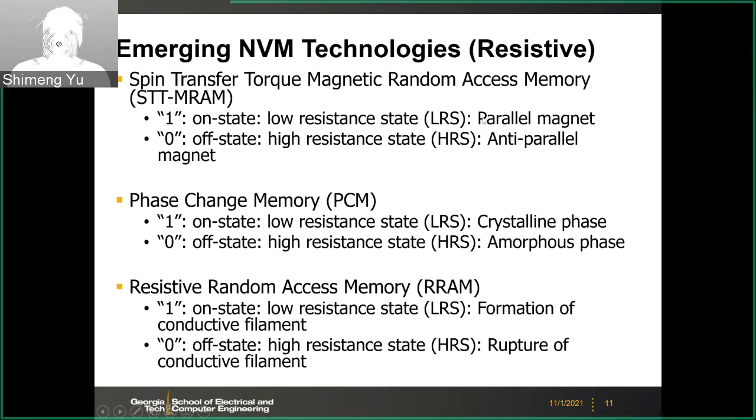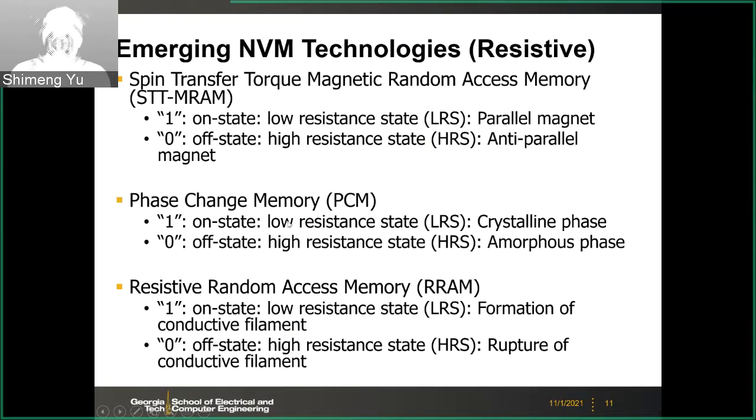In the STT-MRAM case, the parallel configuration of the two magnets is the LRS, on state, one state, and the anti-parallel state of those two magnets gives you the high resistance state, HRS, or the off state, 0.